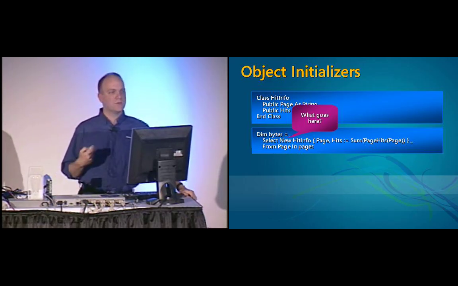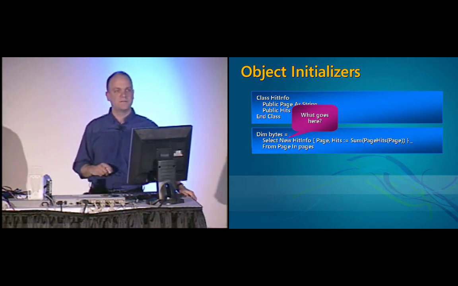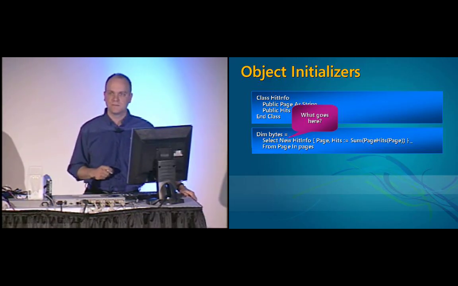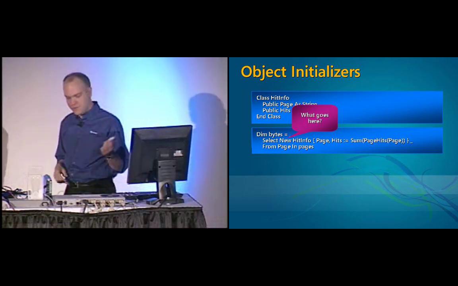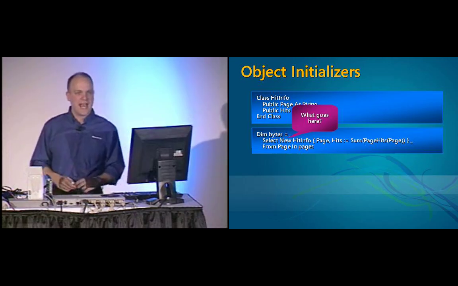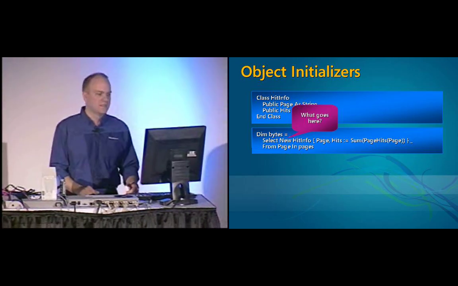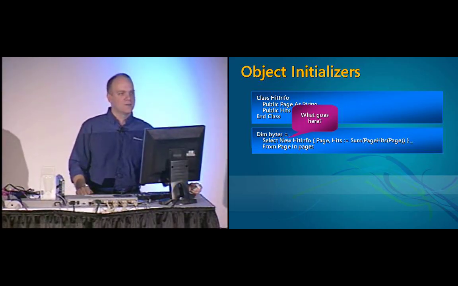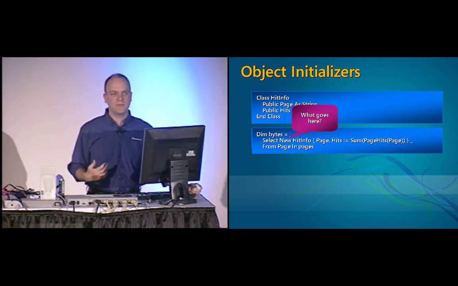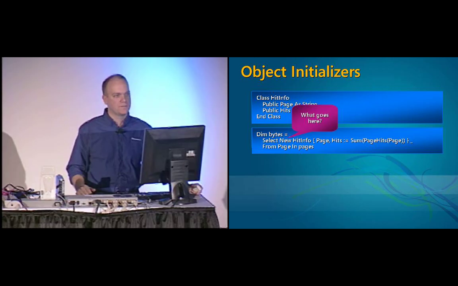And let's say that as a result of this query, I want to produce a sequence of hitInfo objects. Now, of course, I'm in a little bit of a problem because if you look at it, hitInfo doesn't have a nice constructor that takes all the things. It just has these fields. I can't put anything in that select expression right there because there's no single expression that will allow me to create an object and then initialize its fields at the same time.